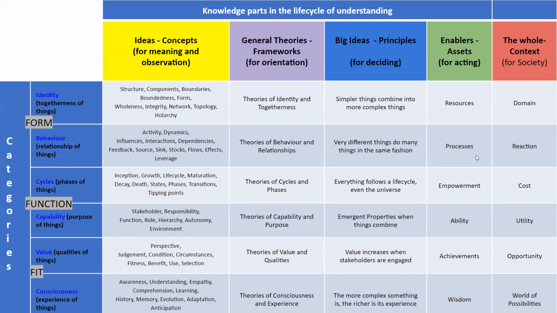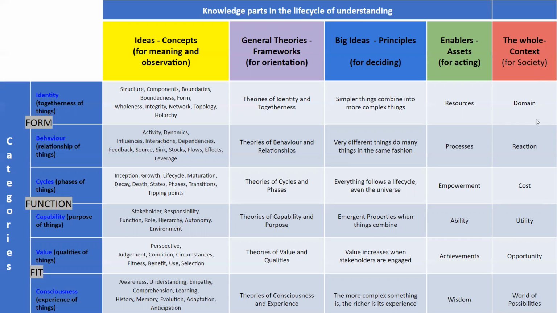This is where we would place our repository of our understanding of processes, of empowerment, our abilities, our achievements, and our wisdom. So the intersection of the assets for acting and consciousness would essentially be a repository of our wisdom.